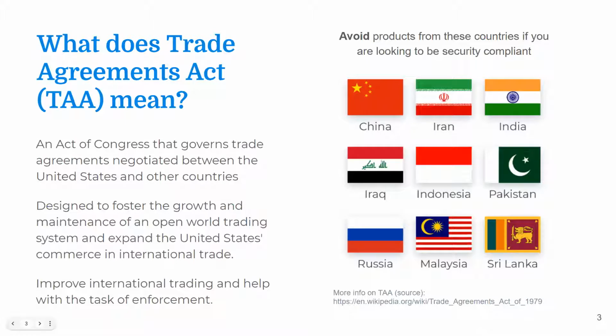Some of the banned countries for the Trade Agreements Act are China, Iran, India, Iraq, Indonesia, Pakistan, Russia, Malaysia, and Sri Lanka. Of course, ours is manufactured in an approved country, South Korea.